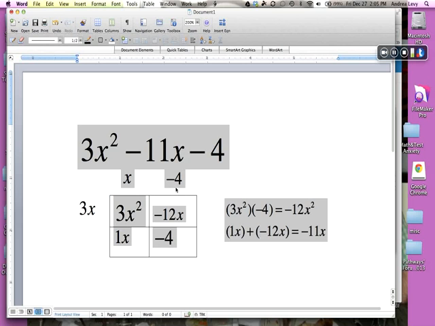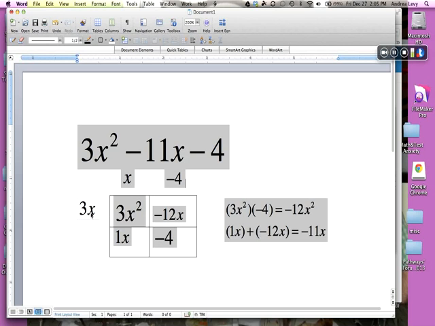One of the problems with doing it this way is that it's sometimes hard to know whether this factor should be positive or negative. And the way to figure it out is if you multiply it together using this matrix, the 3x times the x should give you back this 3x squared. The 3x times whatever is up at the top here should give you your negative 12x. If it doesn't, you've got the wrong sign.